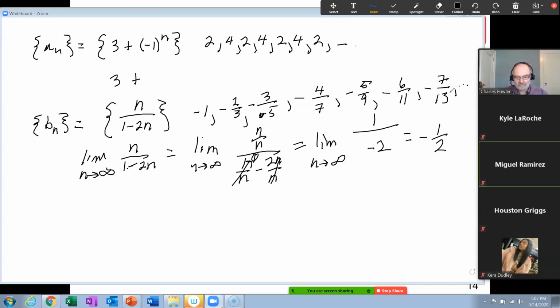The second one would be -2/3, that would be 2 divided by 3, equal, and negate that, that's about -0.7. The next one, -3/5, that's -0.6. So you went from -1 to -0.7 to -0.6.